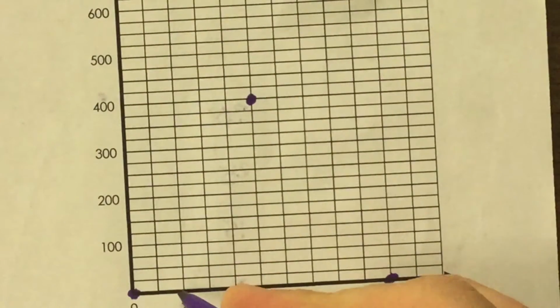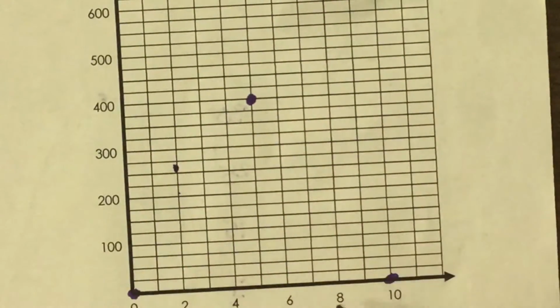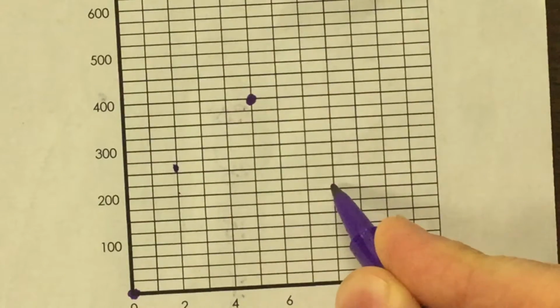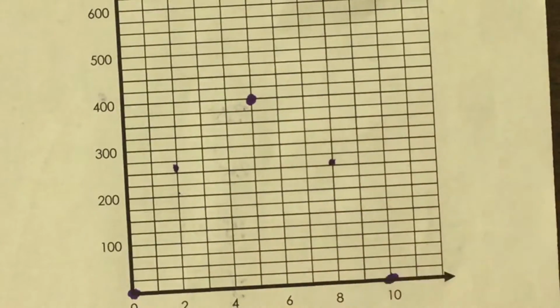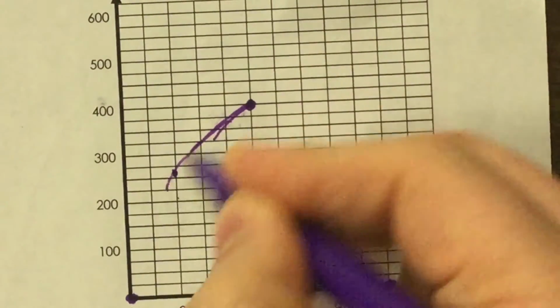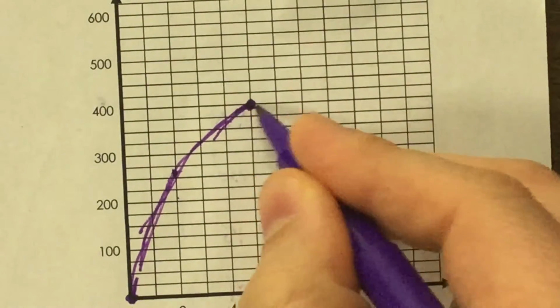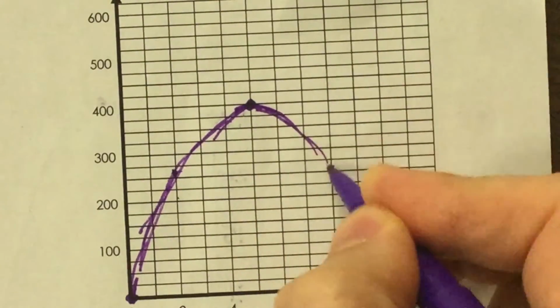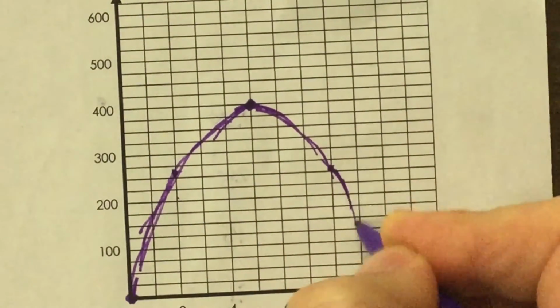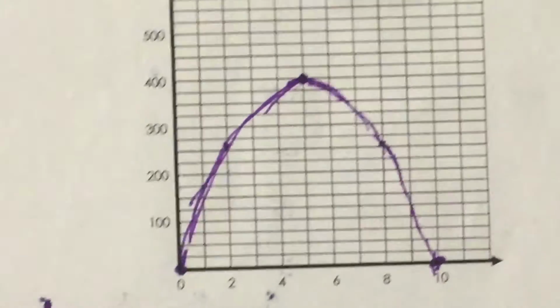So 2, 256, and 8, 256. About right there. To me, that's enough to go ahead and get a decent sketch of my rocket. Try to make it look rounded and not like a V, but more like a U. It's a little hard. Okay, so that's a good graph.